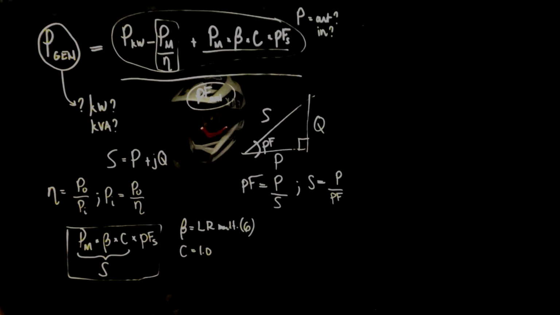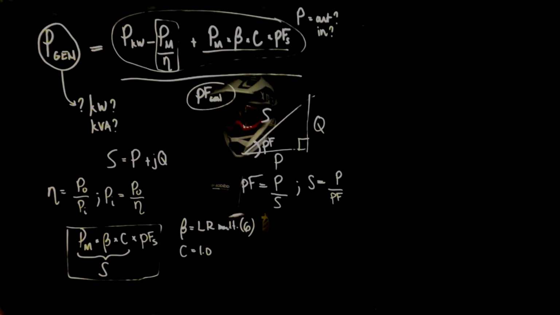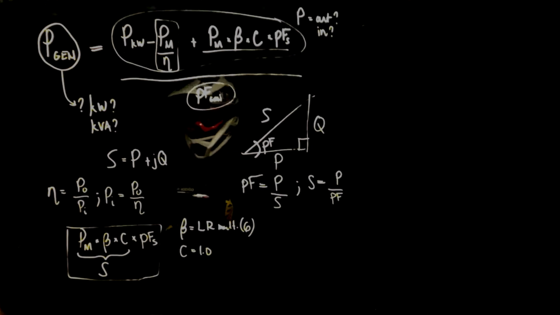And this starting power factor is not the ordinary power factor that is normally supplied in the datasheet. But you don't have to worry about it, because I'm going to show you a table from IEEE that you can depend on when you're not provided with the motor power factor for starting.